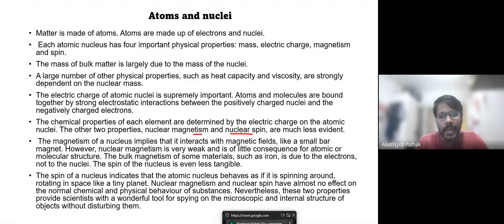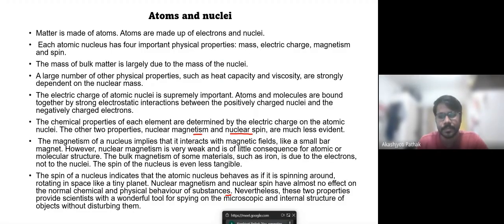So the nuclear magnetism and nuclear spin have almost no effect on the normal chemical and physical behavior of substances. The chemical and physical behavior of substances are determined or influenced by physical properties like mass and electric charge, right?